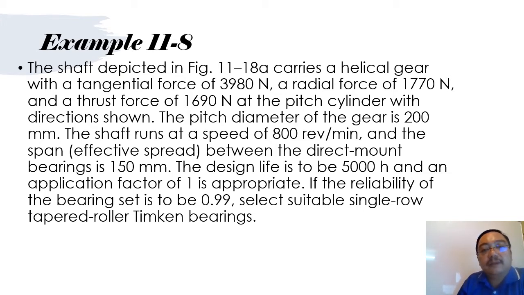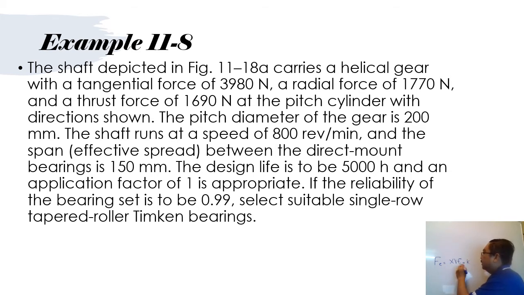Just remember from the previous video, we said that Timken has its own standard. If you remember the equation for equivalent force that you learned before, Fe equals X V Fr plus Y Fa, something like that.